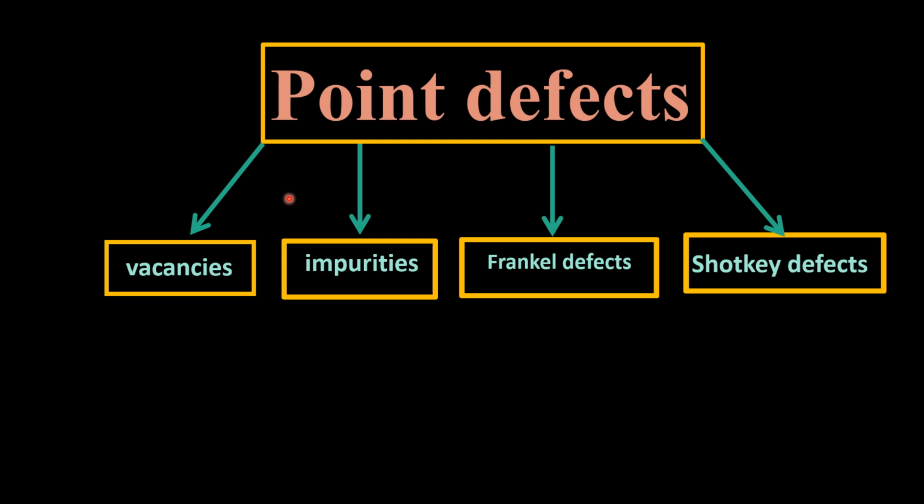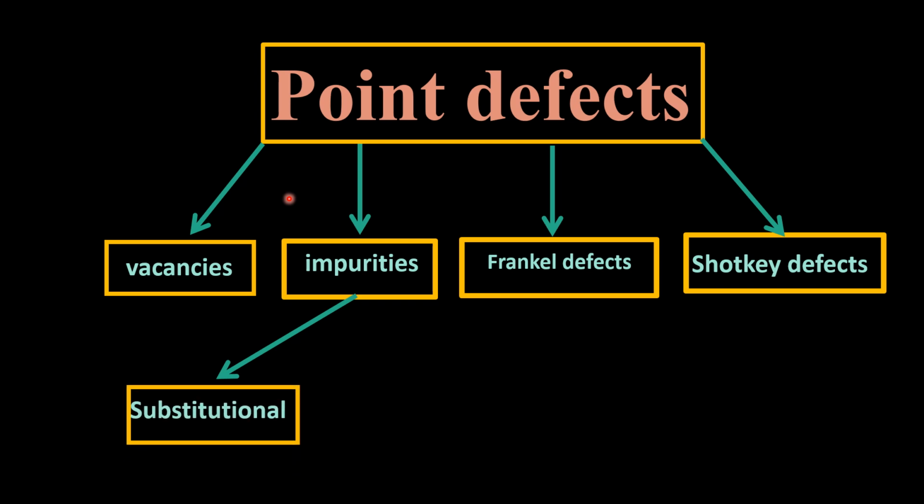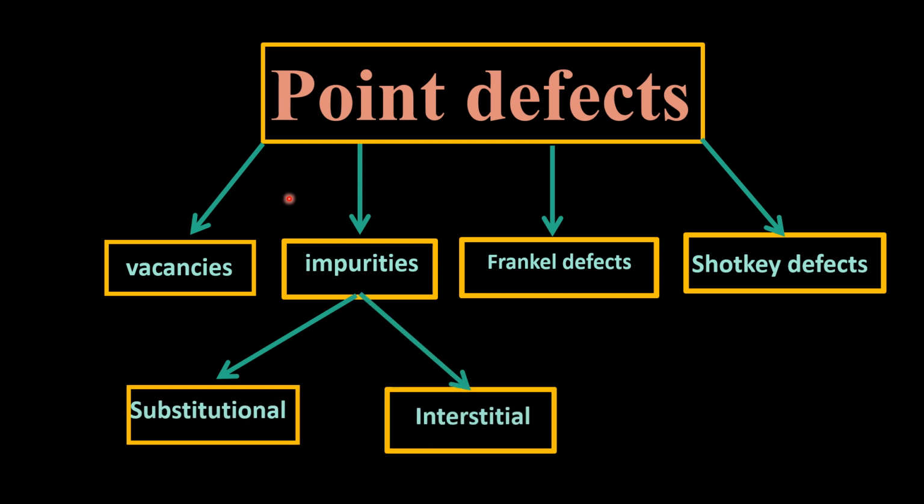Further, we can subdivide impurities into substitutional impurities and interstitial impurities. As we know, atoms within the solid possess vibrational energies, and some of the atoms with enough energy are able to break the bond and become free, thus creating point defects. So now we are going to discuss all these point defects one by one.